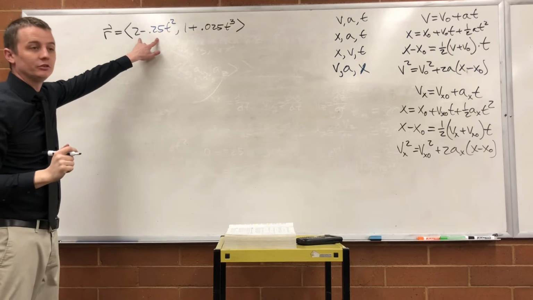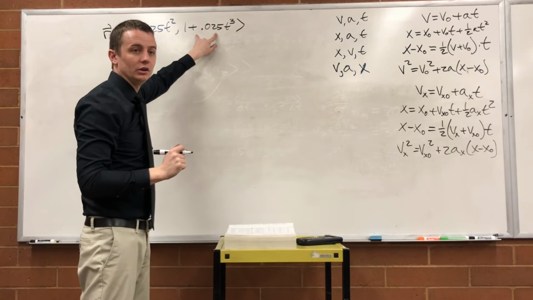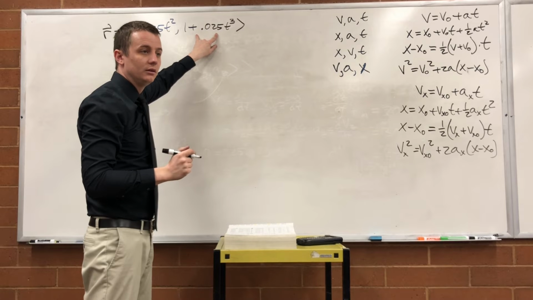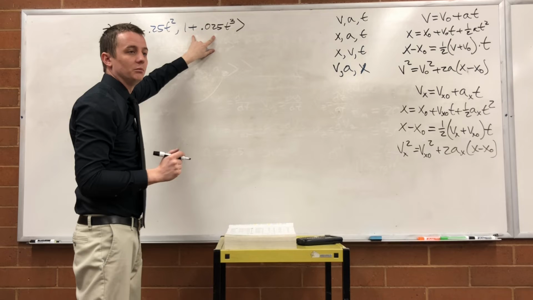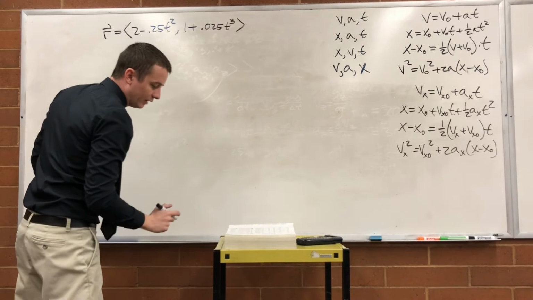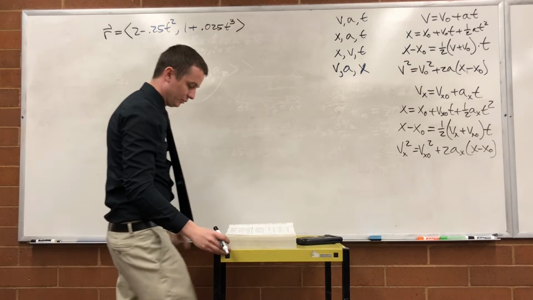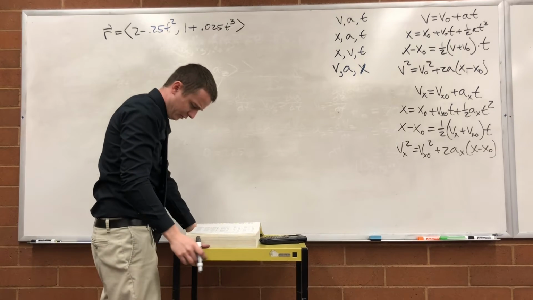So this is how its x position is changing, this is how its y position is changing. This gives you the x position at any time, this gives you the y position at any time. And they have a rough plot of how this thing's moving. Or maybe we're supposed to make that plot.